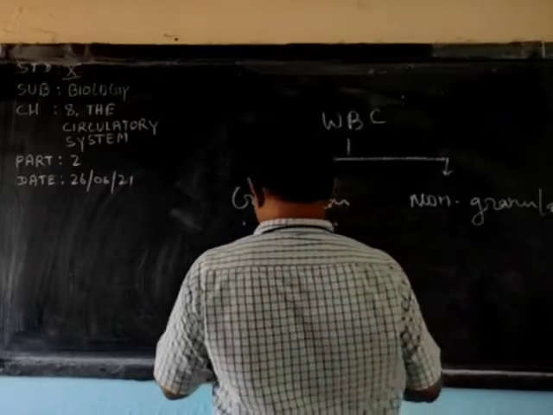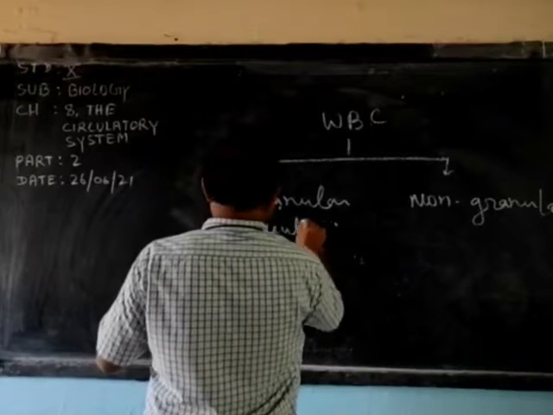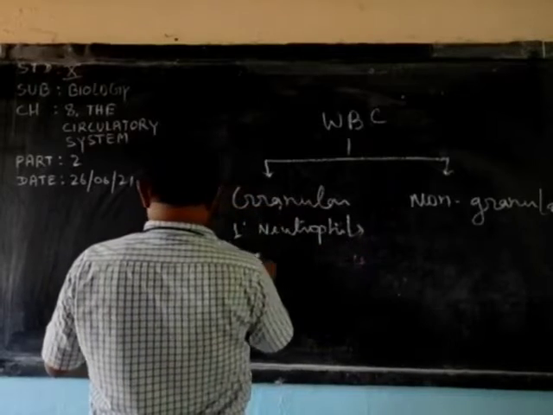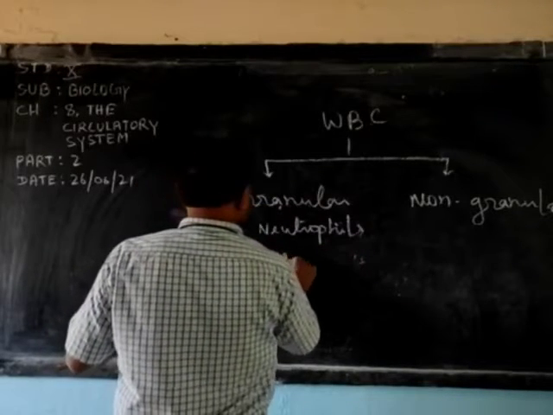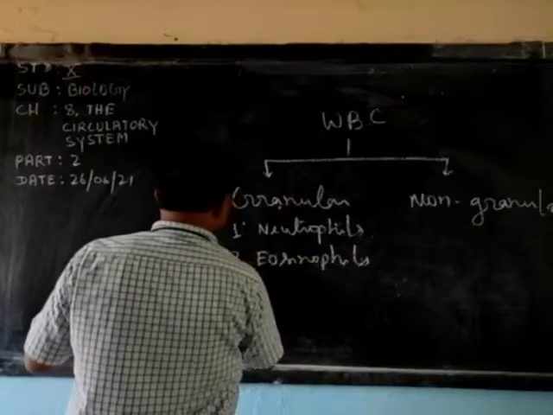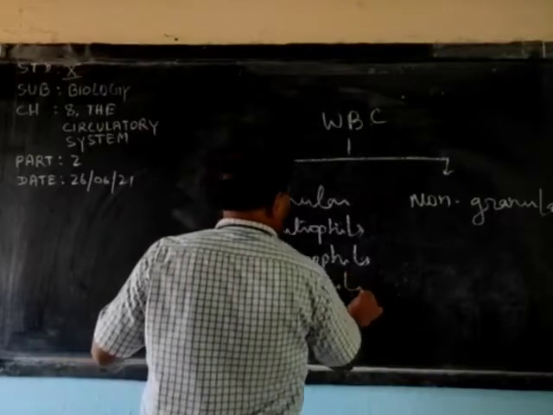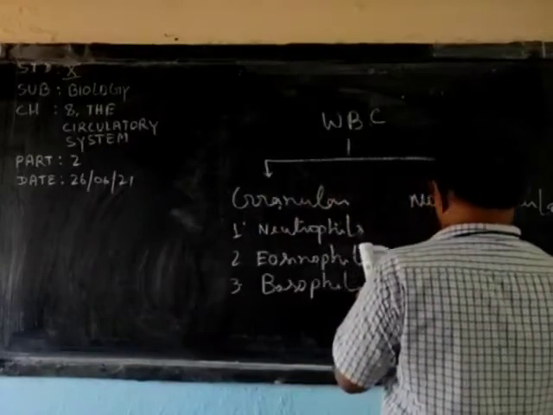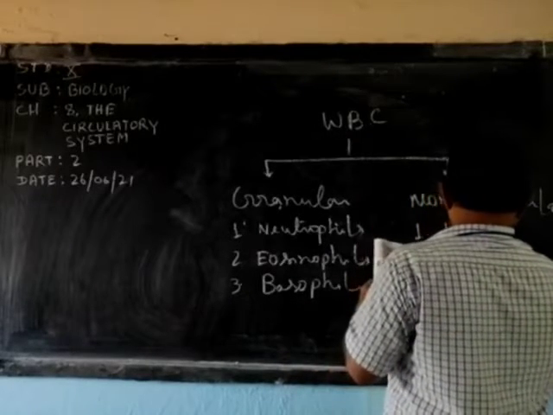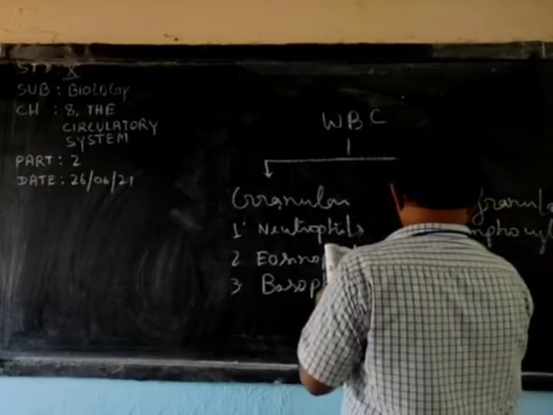Now, granular is of three types: neutrophil, eosinophil, and basophil. And non-granular is of two types: lymphocyte and next is monocyte.